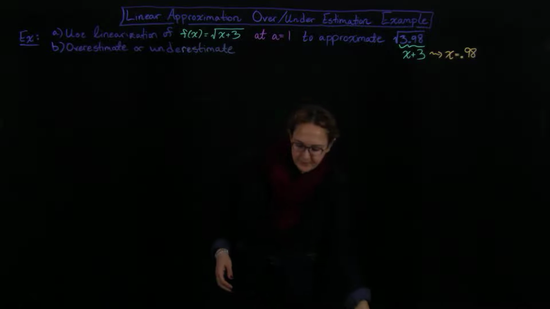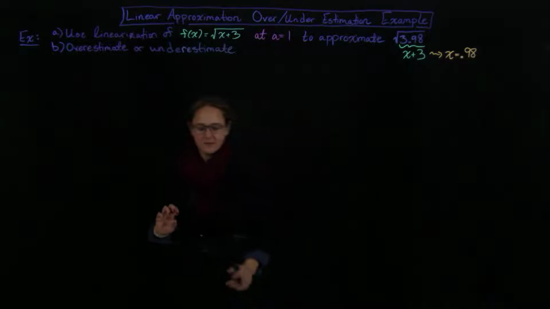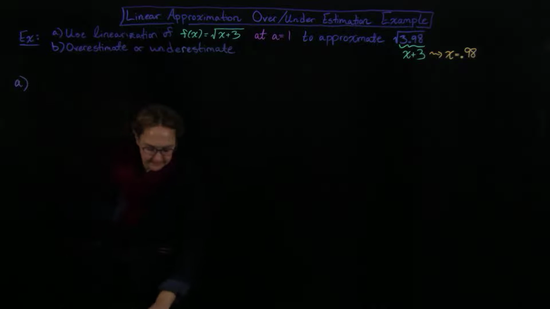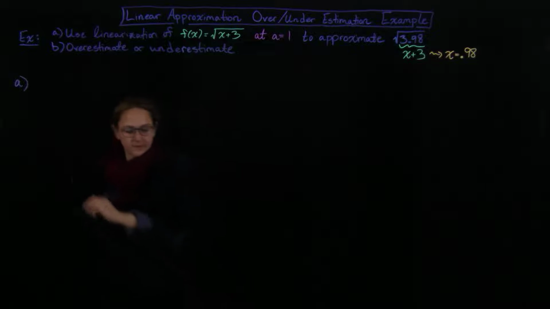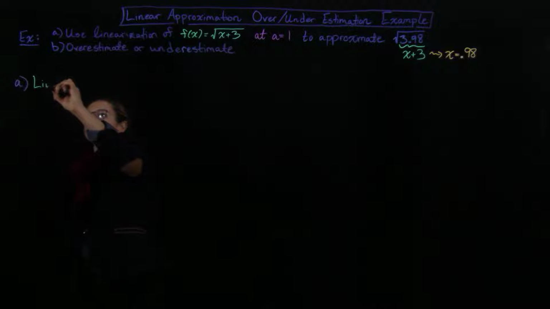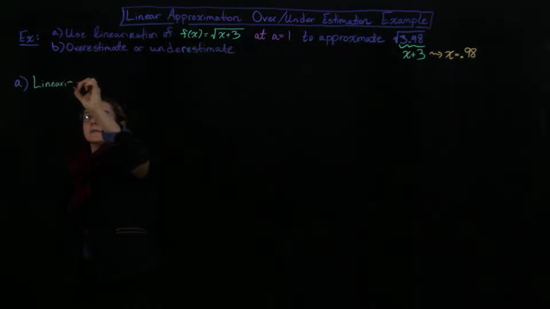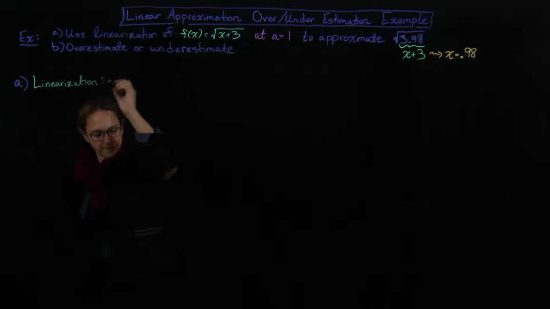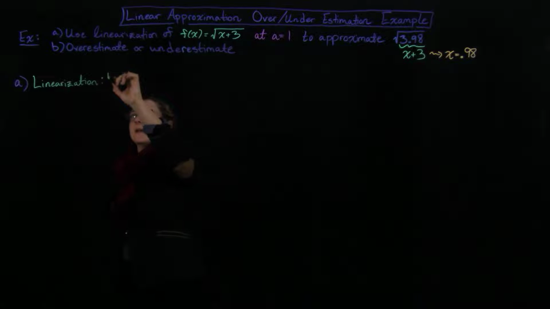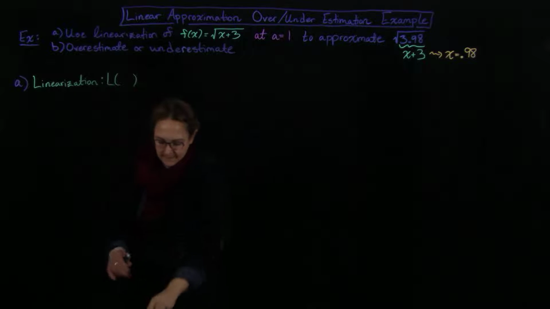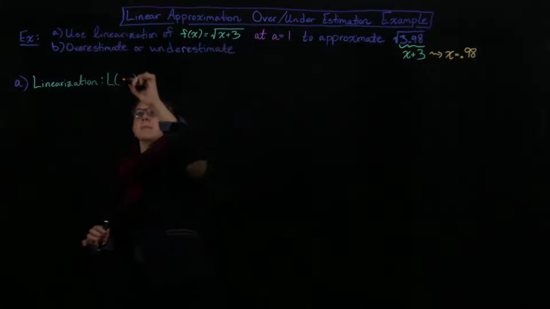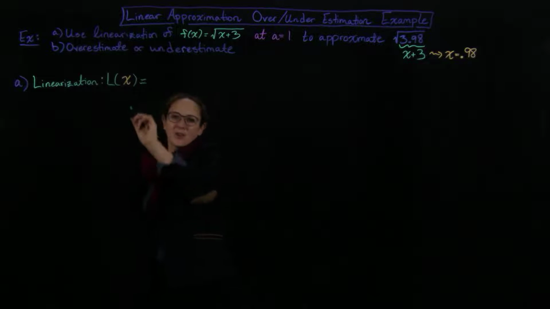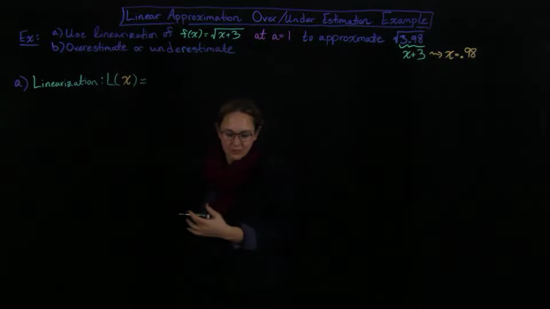Okay. Here we go. In the first part, we need to find the linearization. So let's do the linearization. We recall that the linearization, L of x, is going to equal, and I don't write approximately here because this is the linearization.